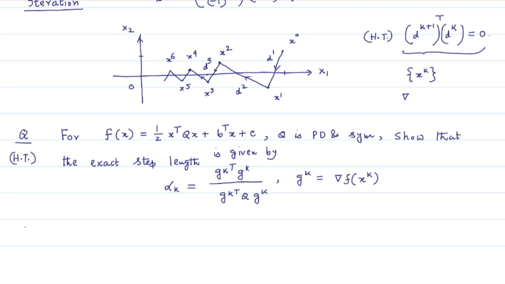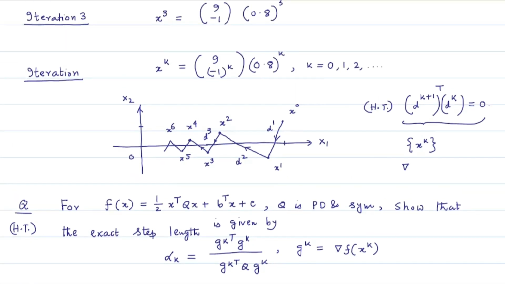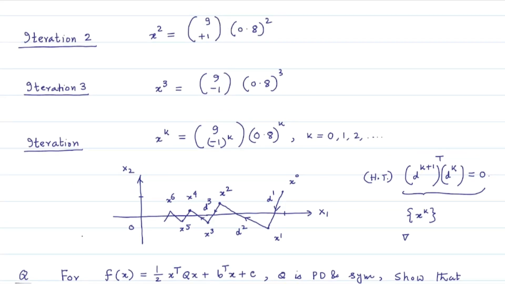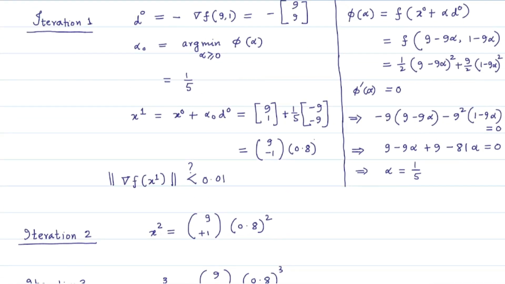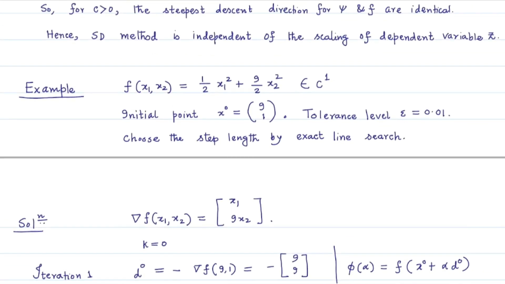Let me also give you a home task: please find a lower bound of the iteration number k for which this steepest descent path will reach an epsilon neighborhood of the origin. The origin is the exact minimizer of this function that we have taken over here.